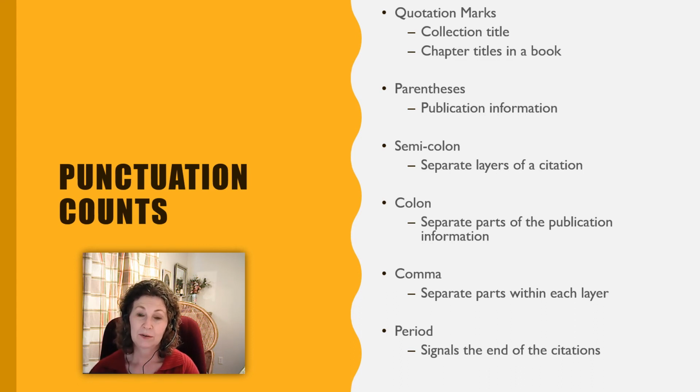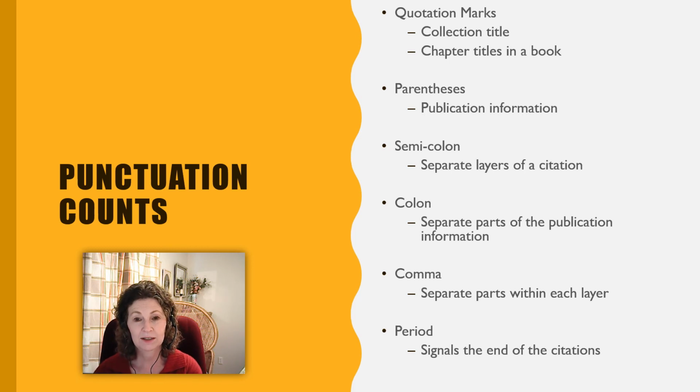And then think of the collections within the website as chapter titles, and quotation marks go around them. Now parentheses. The style guides have publication information within parentheses. And so if you think about it, the website is a publication, and so that's why we put the URL and the access date within parentheses, because it's the publication.